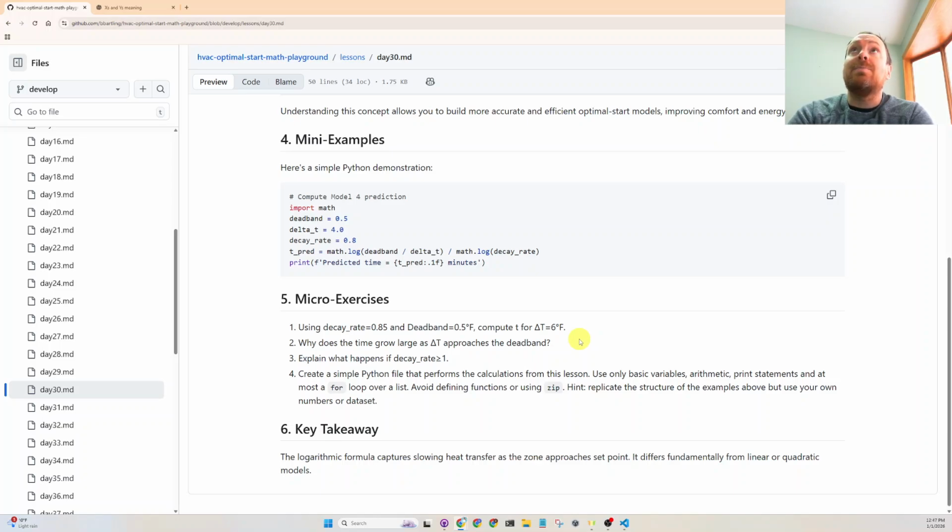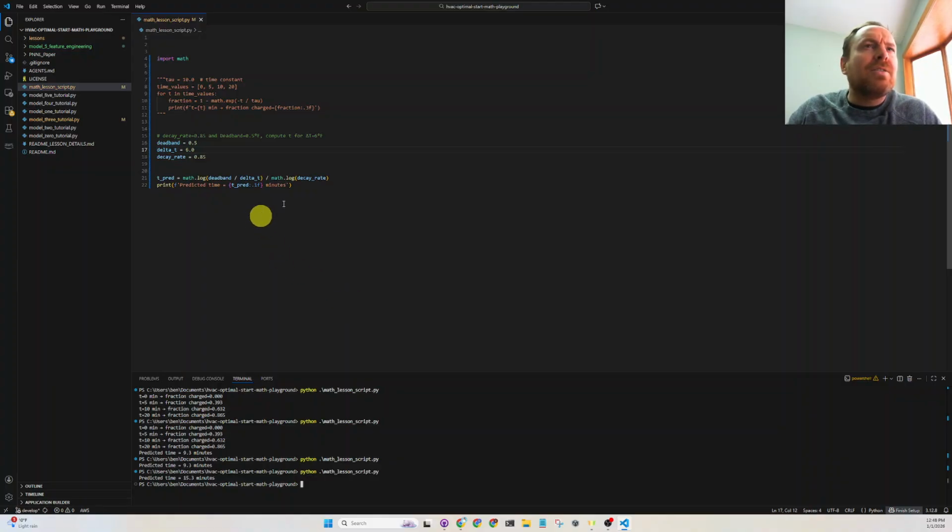As the temperature reaches closer to the deadband, or the actual set point, it's going to take a logarithmic form, the slope of that, so it's just going to take longer to reach. So that's what this algorithm or equation is about. I guess that's built into the math there. It's taking a log kind of approach.